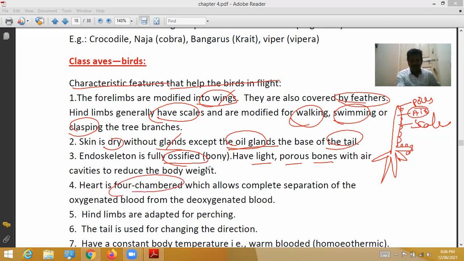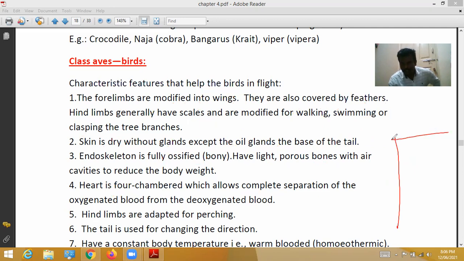Generally, the heart is 4-chambered, which allows complete separation of the oxygenated blood from the deoxygenated blood. See here, the heart is 4-chambered like this: right auricle, left auricle, right ventricle, left ventricle. Here deoxygenated blood is located, here oxygenated blood. From the right auricle, deoxygenated blood enters into the right ventricle.